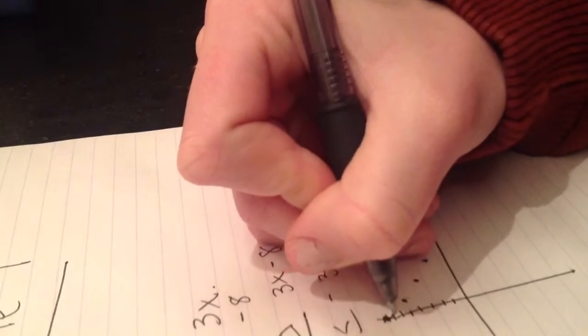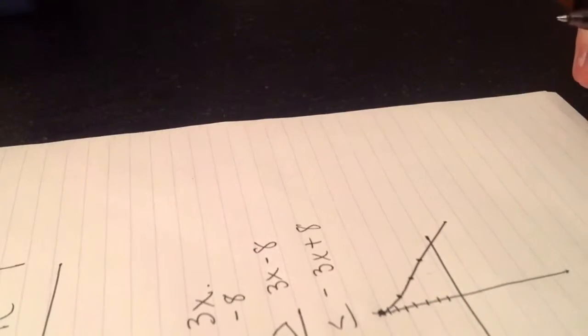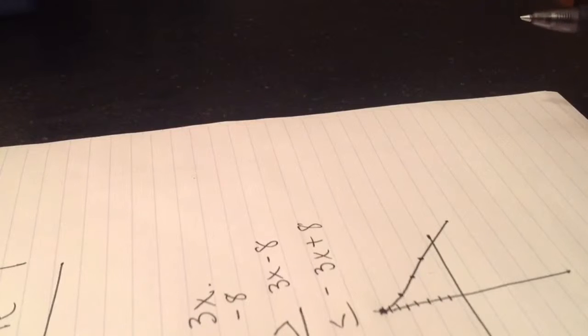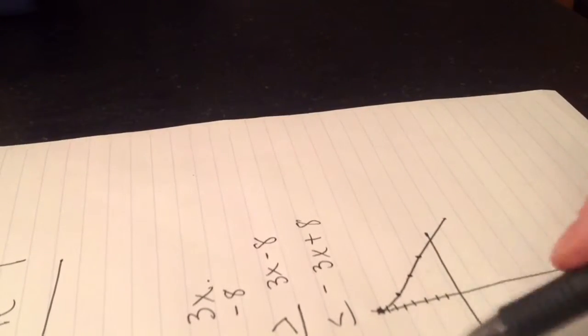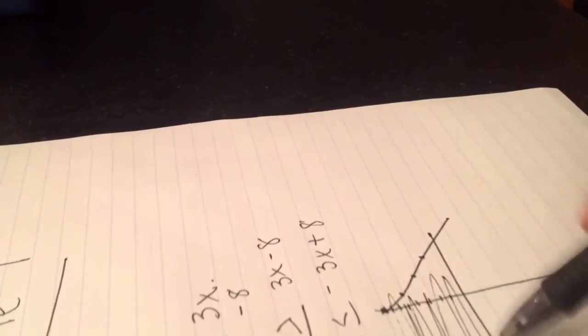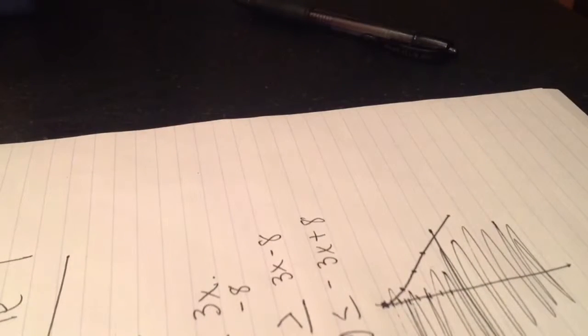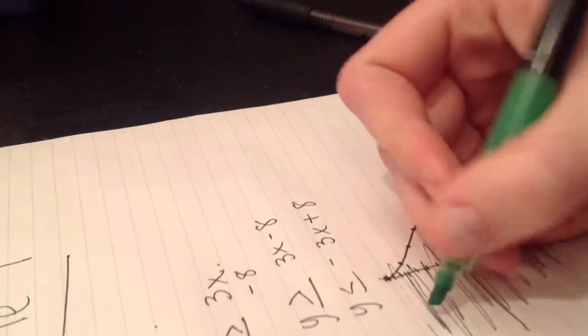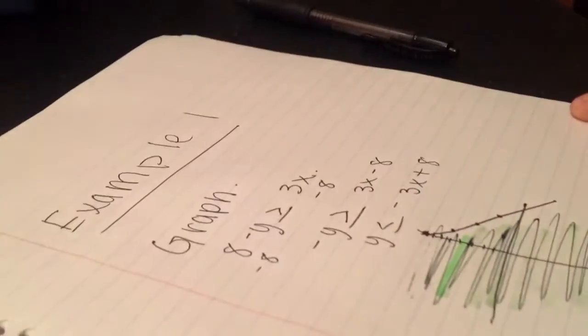So then draw your line like that. And since y is less than or equal to negative 3x plus 8, you want to shade on this side. And that's the whole problem.